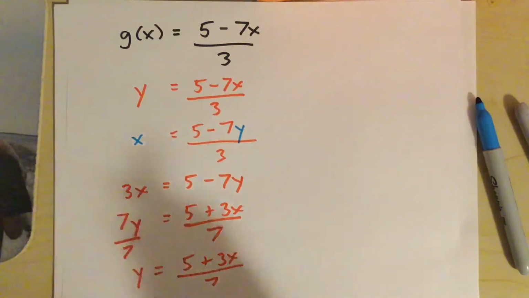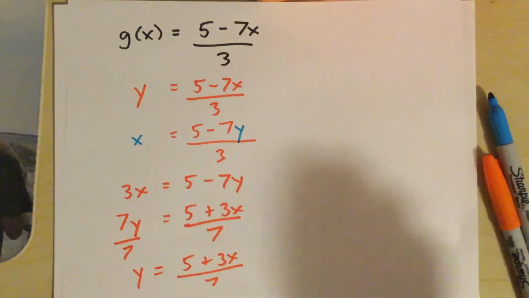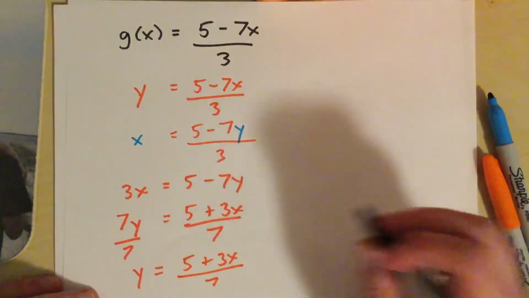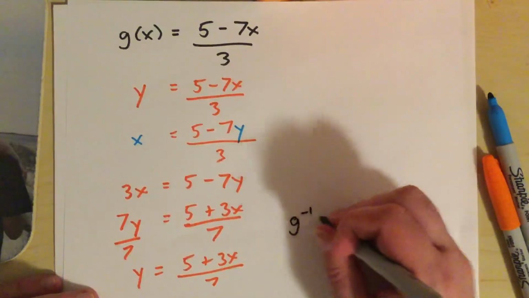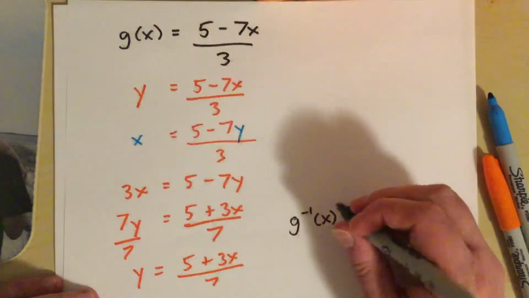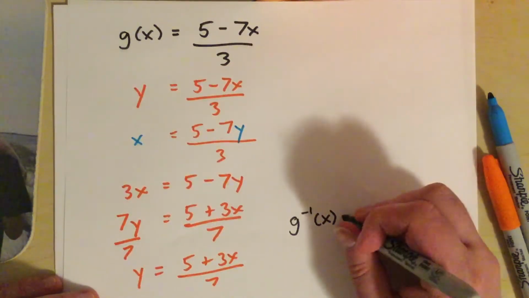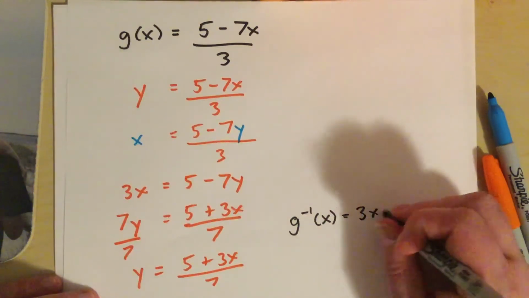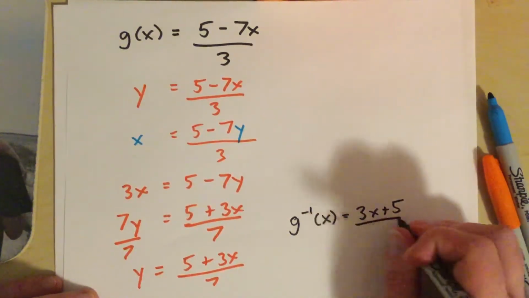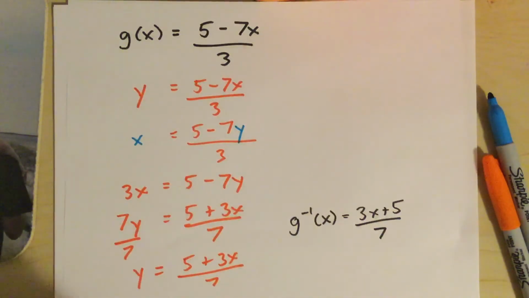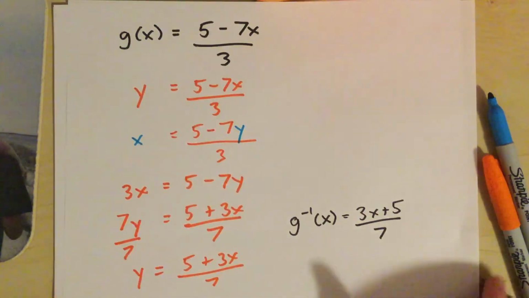Which, if I write as my inverse function, I would get g to the minus 1 of x, because I want to match the letter, 5 minus 7x over 3, and I usually like to write it with the x first, but it doesn't matter, is 3x plus 5 over 7.